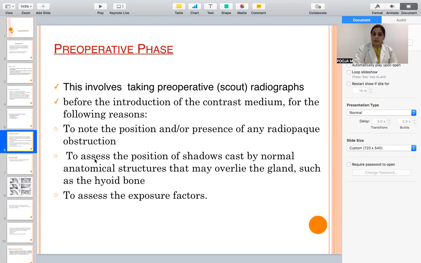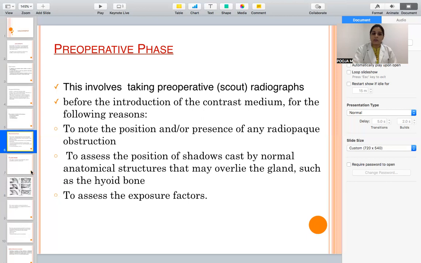It is also helpful for assessing the position of the shadow of normal anatomical landmarks which will be cast onto your glands, such as midline structures like the hyoid bone, the shadow of which will be cast onto your parotid gland, so that you cannot appreciate the location or position of the stone within the duct in such cases.